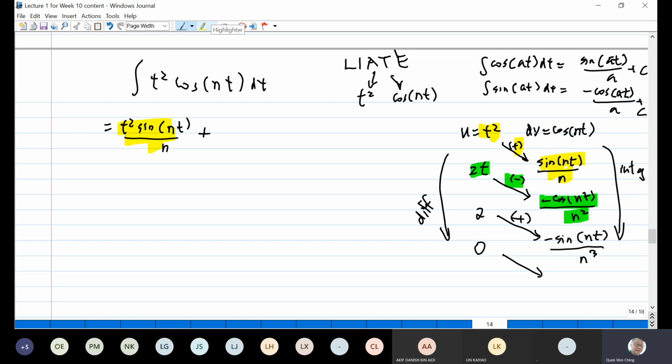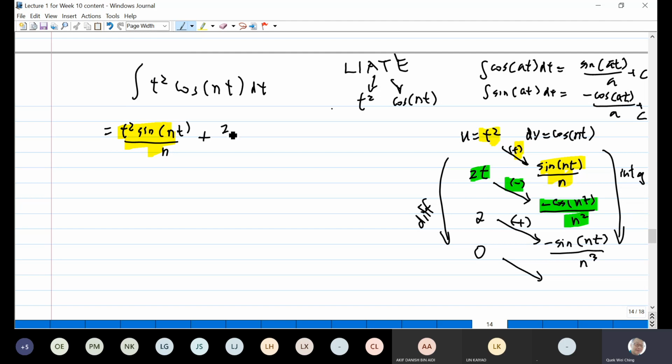So this is actually 2t cosine nt over n squared. This one is from the green term.